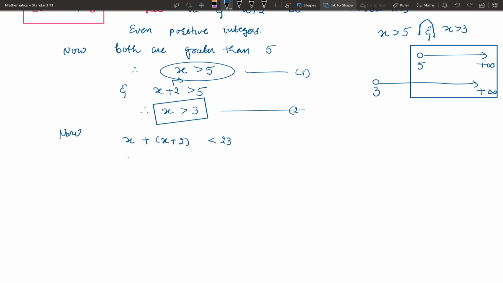So let us solve. x plus x, 2x, less than 23 minus 2, that is 21. Transfer to the right hand side: 23 minus 2, that is 21. Divide by 2, so x less than 21 by 2, that is x less than 10.5.